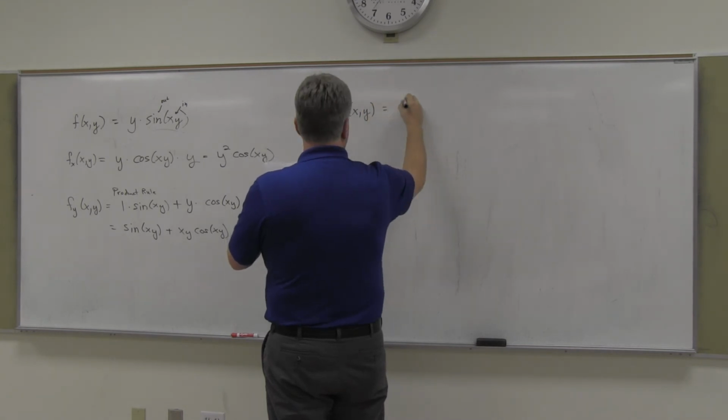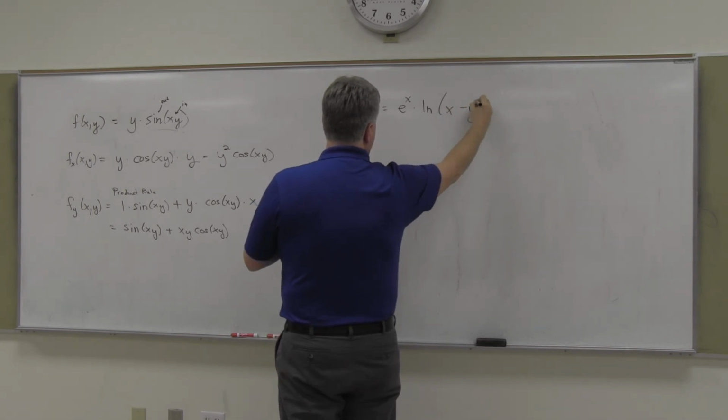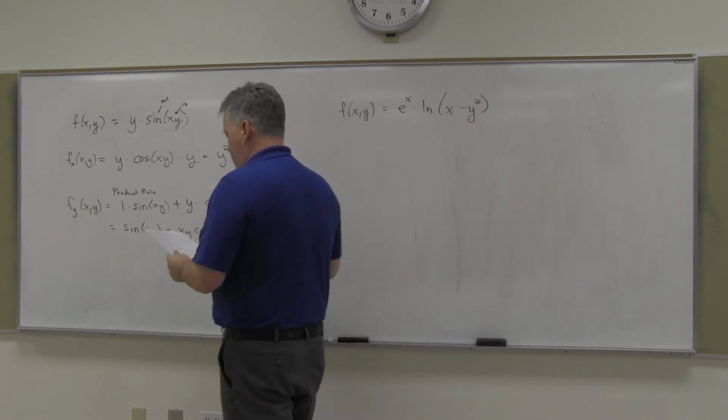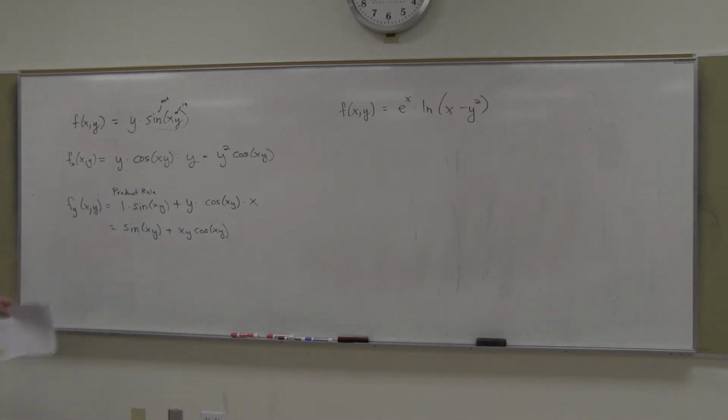f of x, y equals e to the x times ln of x minus y squared. Yeah, so that's very similar.